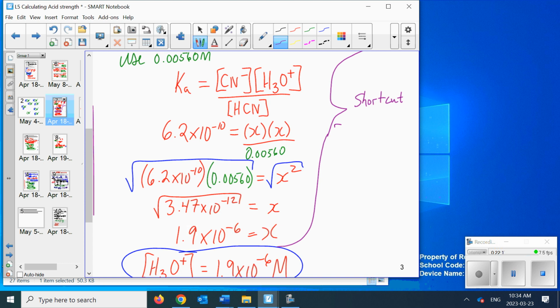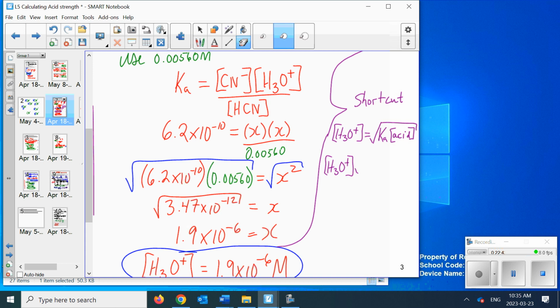So you know how it's said: H3O positive equals the square root of the Ka value and the concentration of HA acid. I'll just put the word acid. That's the shortcut. We want the H3O, hydronium ion concentration. I'm trying to squeeze it in because I don't have a lot of space. Square root.